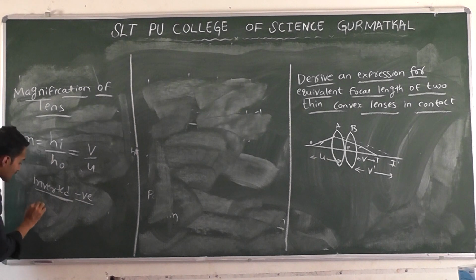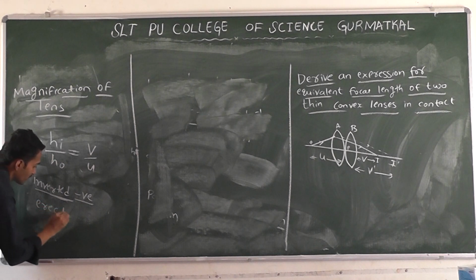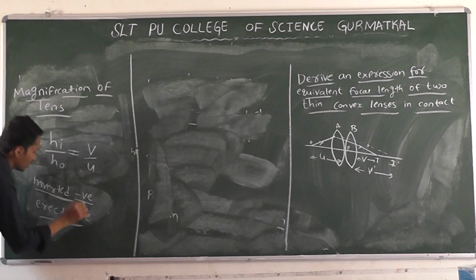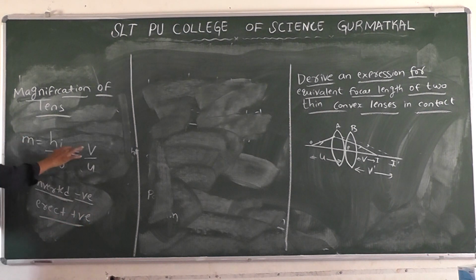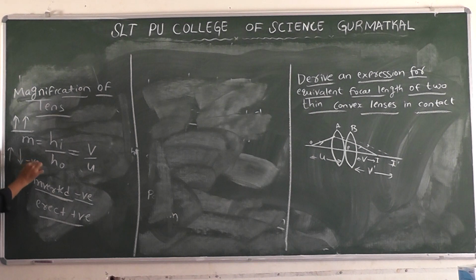When the image is erect, meaning straight, we take a positive symbol. If the object is straight and the image is also erect, both in the same direction, take positive. If the object is upward and the image is downward, take negative.